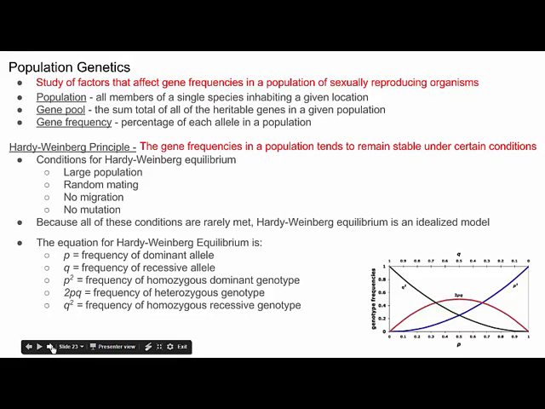That the frequency of having certain genes is stable if several criteria are met. And Hardy-Weinberg equilibrium is a topic that may be on the SAT.